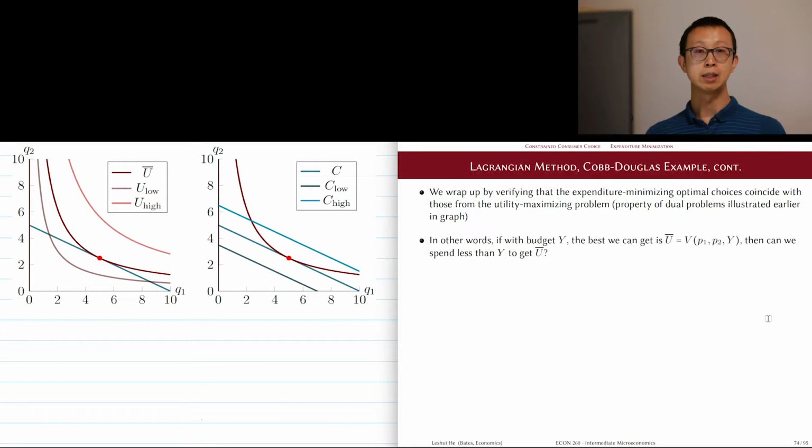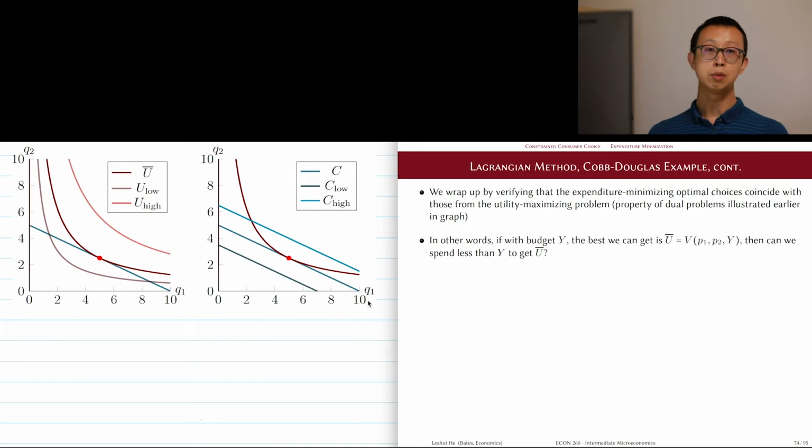But the essential piece is that we have to start from the optimal utility level that is a result from the utility maximization problem when we started with a budget level of Y. If we pick this particular utility level of U bar to minimize expenditures, then we will see the duality properties. And the quantities will land back to exactly these Q1 star and Q2 star that we had before. And hopefully we can see that algebraically as well.